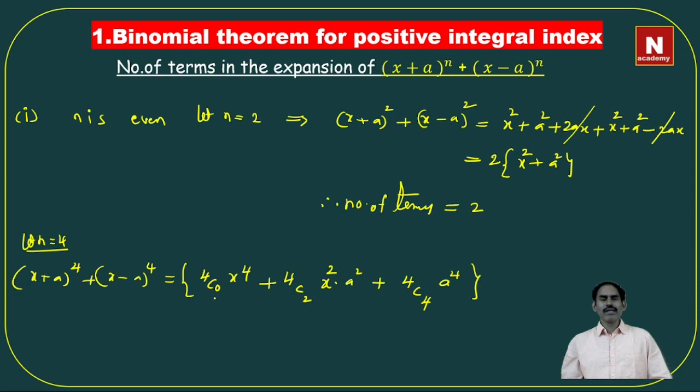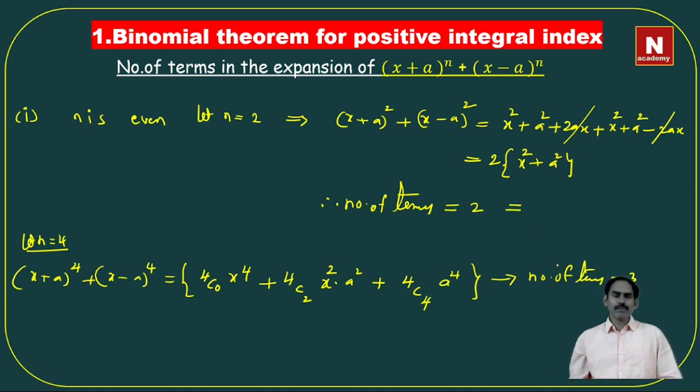Here only suffixes 0 to 4, because it is plus with even suffixes. N is 4, so we have to expand up to 4. How many distinct terms are there? 1, 2, 3. So the number of terms equals 3.